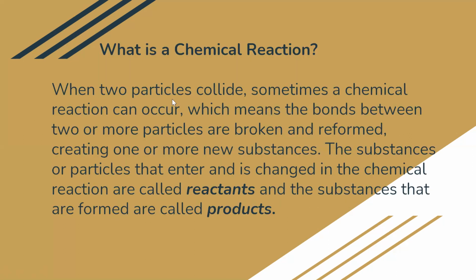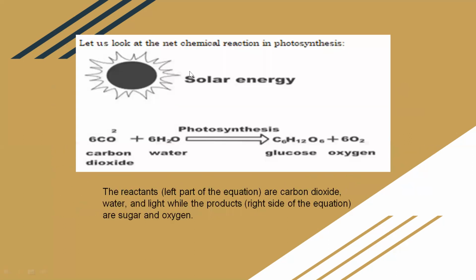Now here we have a chemical reaction in photosynthesis through solar energy. You have here carbon dioxide and water, and through the process of photosynthesis, it will produce glucose and oxygen. So this is what we call the reactants, and this is the product. Make sure the number of atoms in the reactants and products must be the same.